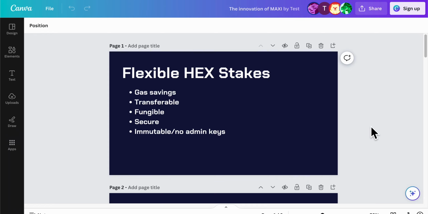So, I wanted to talk about the real innovation behind MAXI and the MAXI staple products because I think a lot of hexagons think, oh, it's just a token, but I think it's a real big deal.